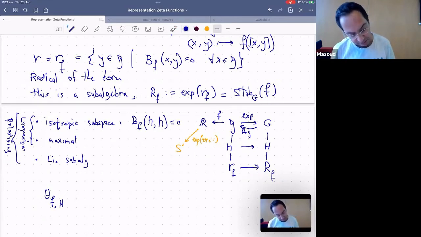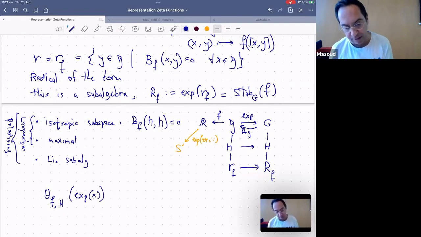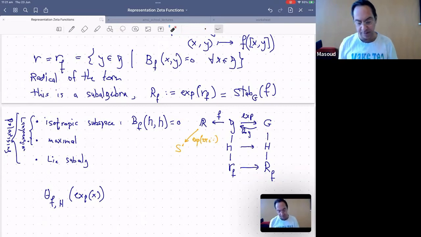And now, every point in G is of the form exp of X. Depending on your point of view, every point here is the exponential of an element in the Lie algebra.